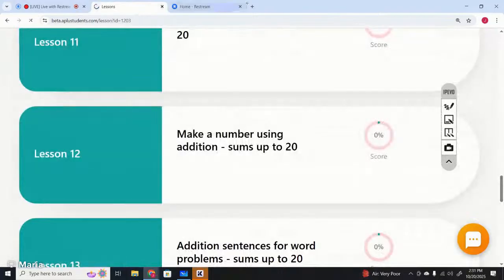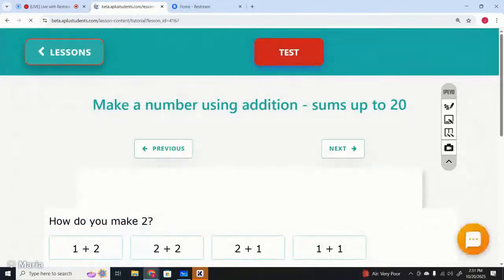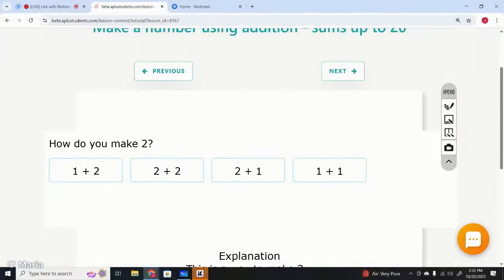Make a number using sums up to 20. How do you make 2?